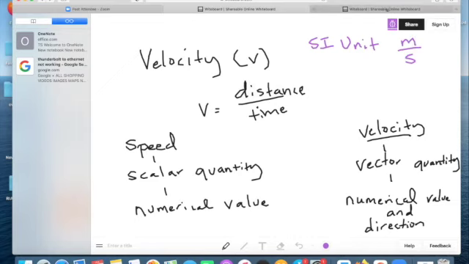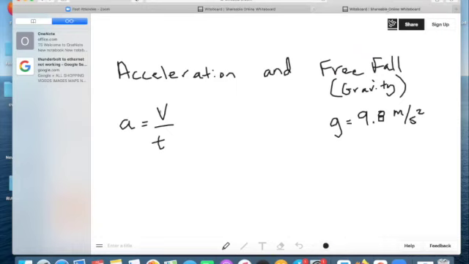So if we go back to acceleration, the SI unit for acceleration is going to be our velocity, which is meters over seconds, divided by time, which is in seconds.